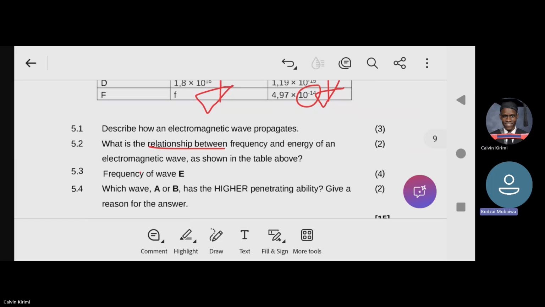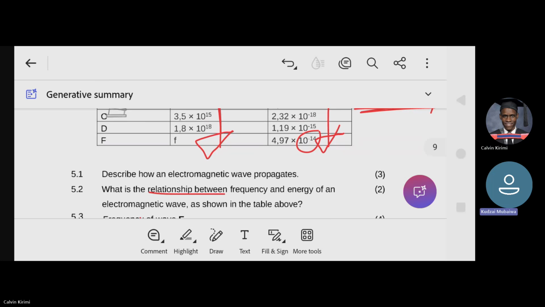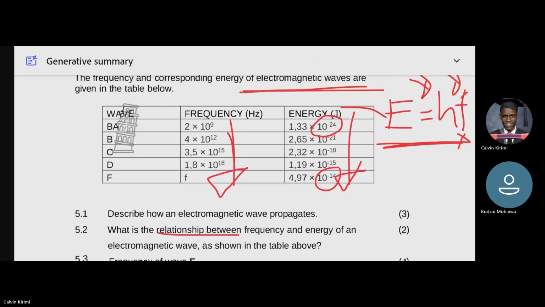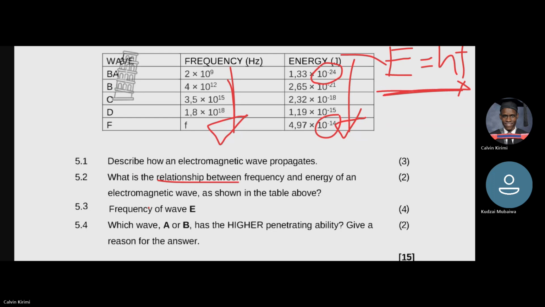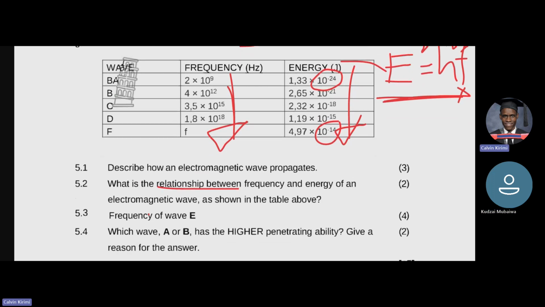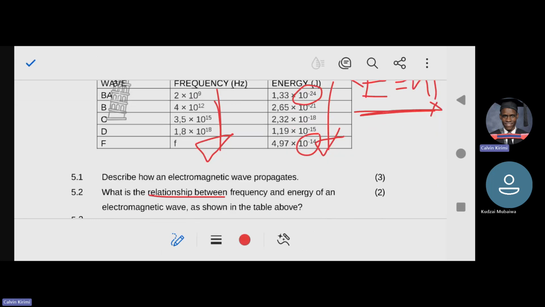I can't see wave E. There's no wave E. Obviously they are looking for F. Where there was E, it should be F. Maybe it's a mistake of the paper.